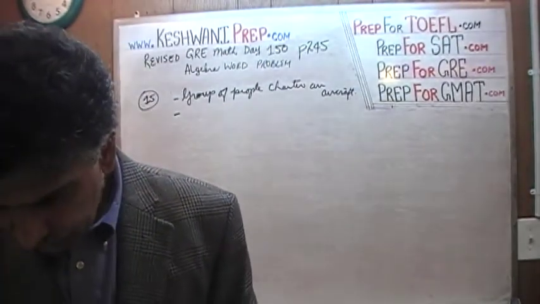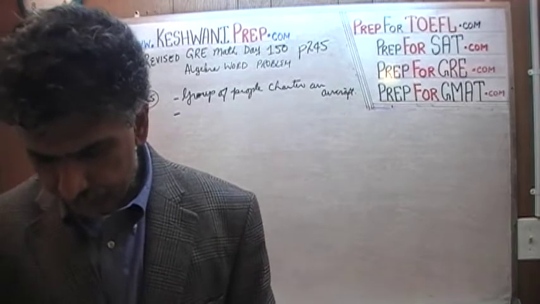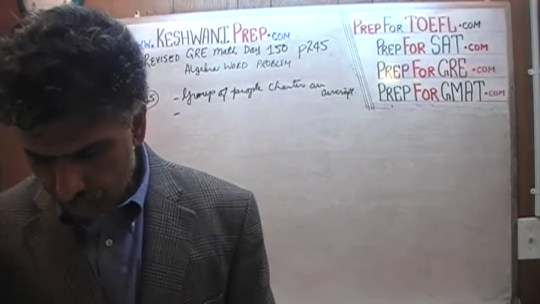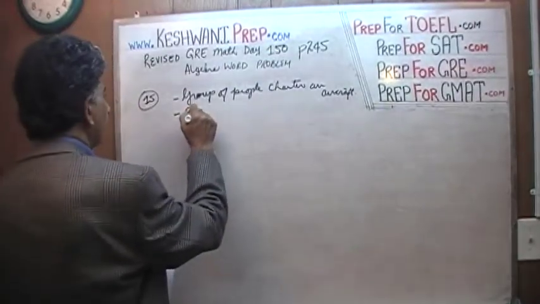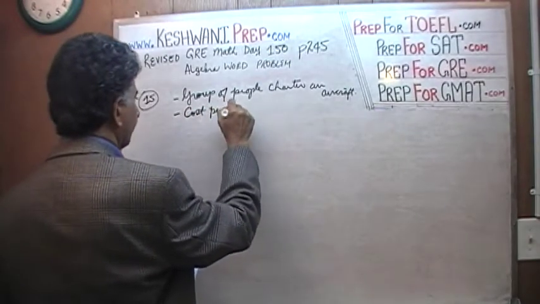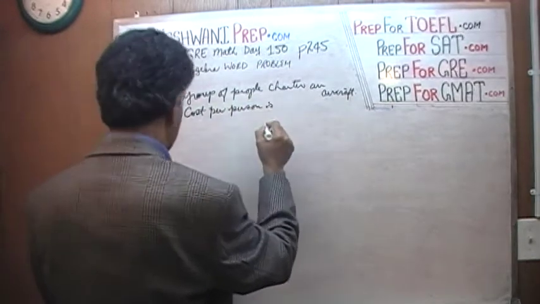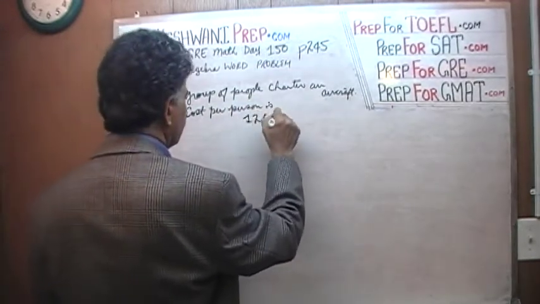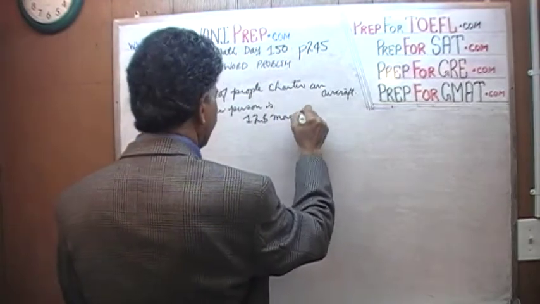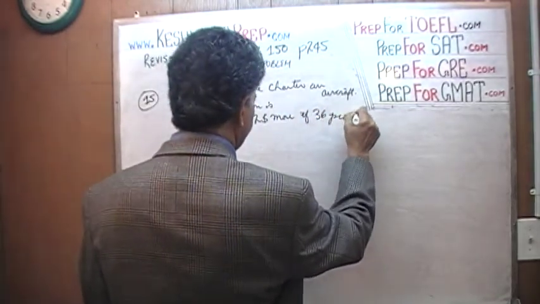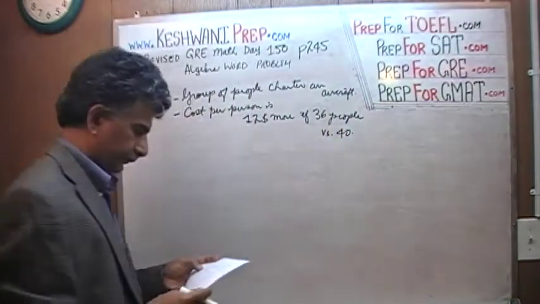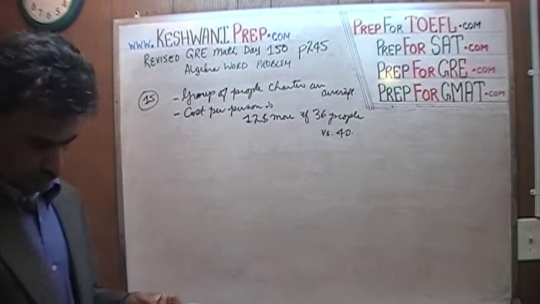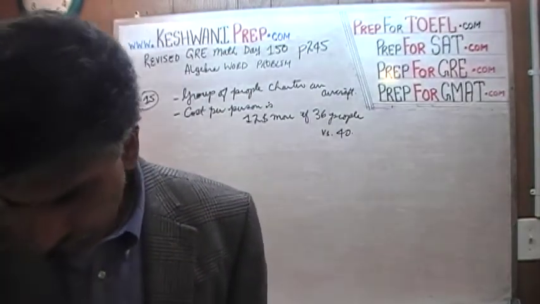If 36 people charter the aircraft rather than 40, then the cost per person is $12 more. What is the question asking? What is the total fixed cost to charter the aircraft? Alright, so let's start our solution here.